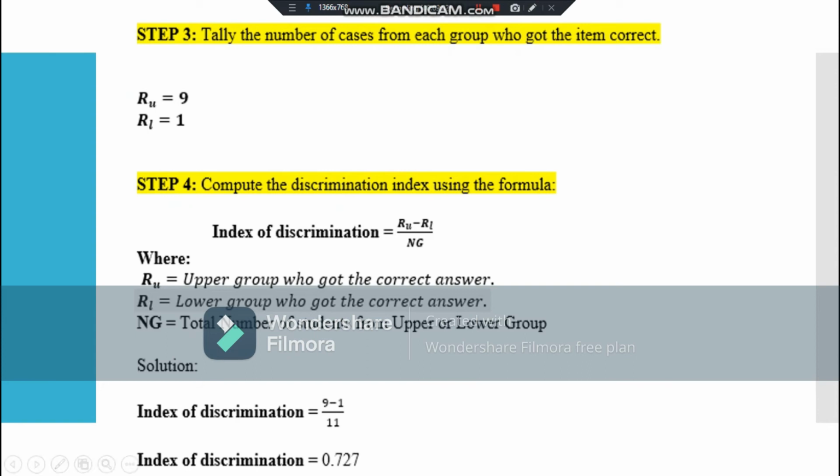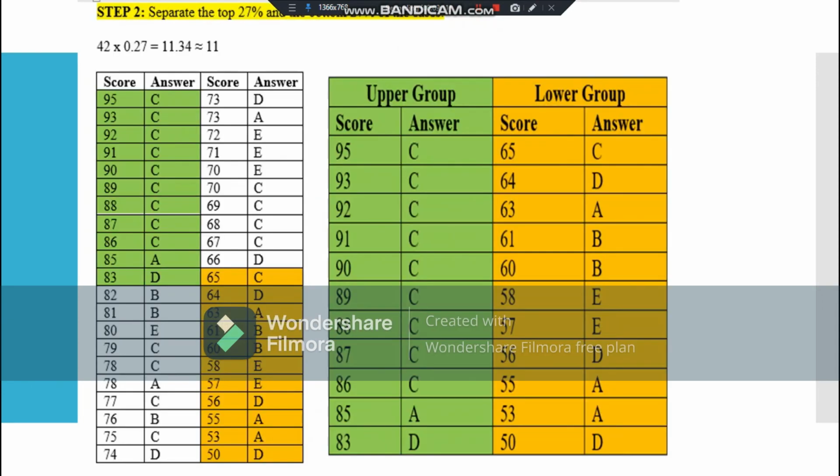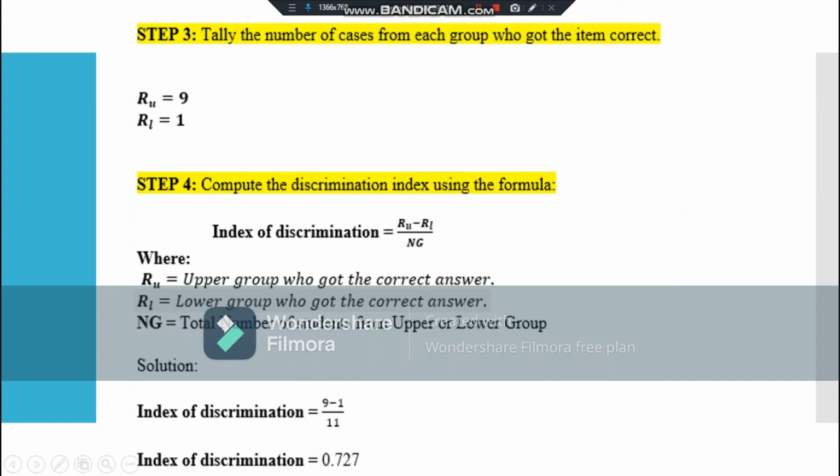Okay, next, step 3. Tally the number of cases from each group who got the item correctly. So we have to count 1, 2, 3, 4, 5, 6, 7, 8, 9. So there are 9 who got the correct answer in the upper group and 1 student who got the correct answer in the lower group. So to compute for the index of discrimination, we simply subtract the students who got the correct answer in the lower group from the students who got the correct answer in the upper group, divided by NG.